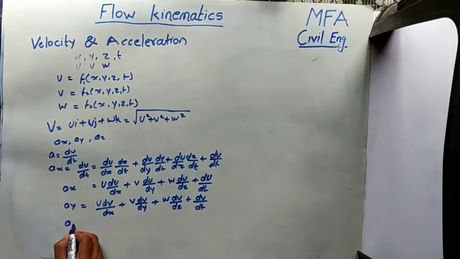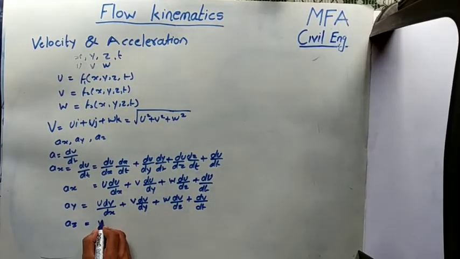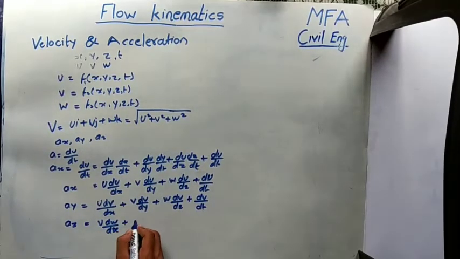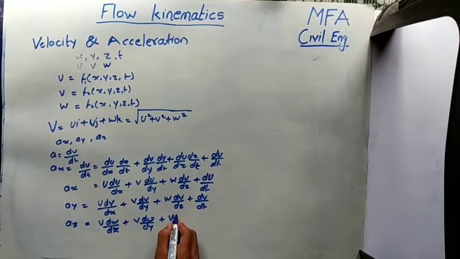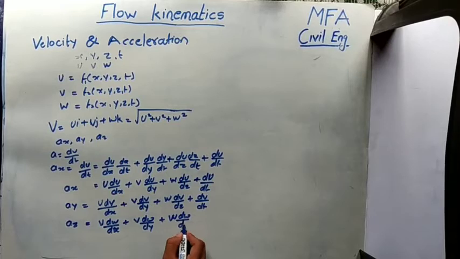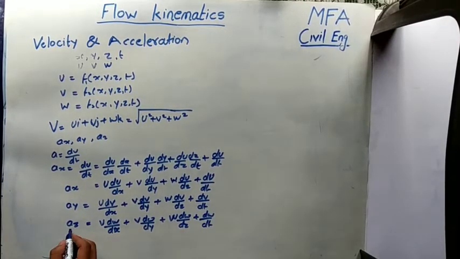Similarly, the acceleration in the z direction is equal to u into dw by dx plus v into dw by dy plus w into dw by dz plus dw by dt.